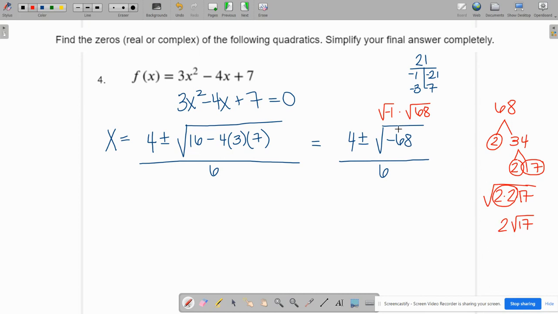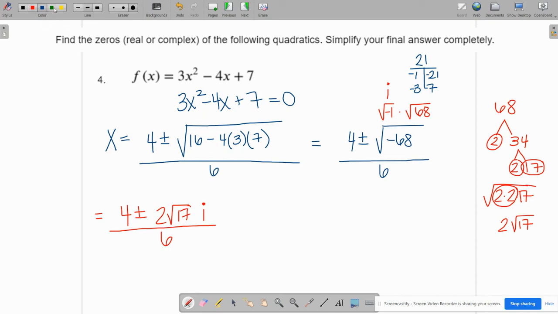So we would be able to rewrite this, the square root of negative 68, instead as 4 plus or minus 2 root 17 and we have an i, right? The square root of negative 1 is i. So I would think of this as 2 root 17 i, and it's still all over 6. Now, the last thing we would want to do is see if we can simplify that.